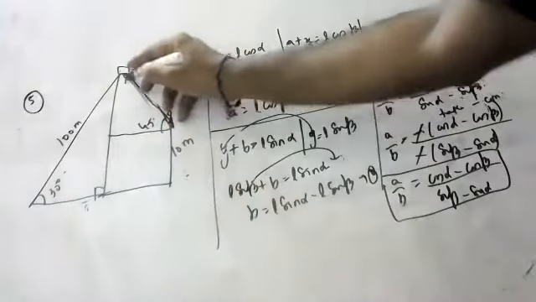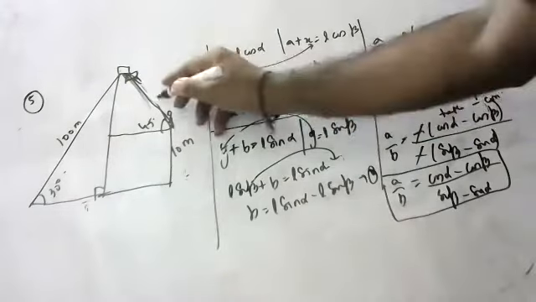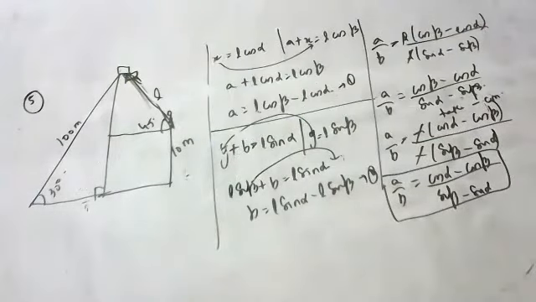Okay, he is also flying a kite like this. They both are meeting at one point, in the opposite direction. Find the length of the string that the second boy must have so that the two kites meet. What is the length of the string? This is the question.